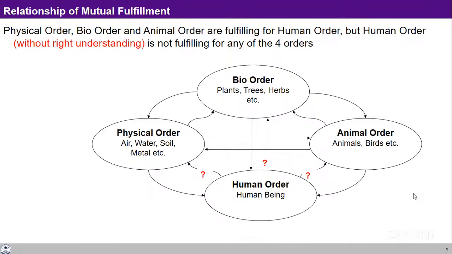Many things we are getting from the animal order. So this way, the human order is depending on the physical order, bio order, and animal order for its growth, for its everyday life. But what do we give in return? Are we able to give anything in return?